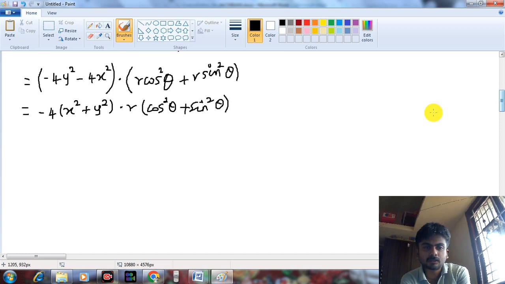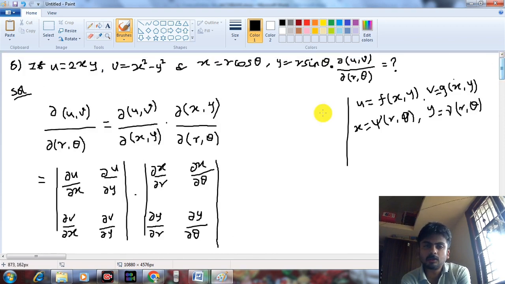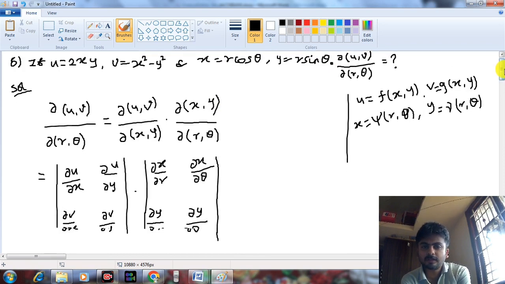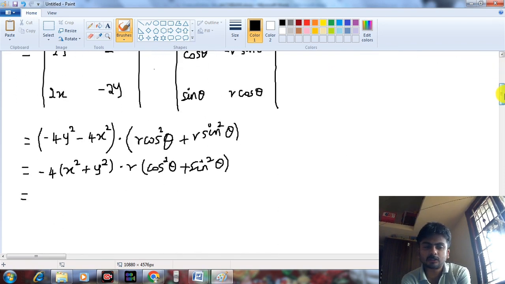So what is x square plus y square? Now we have to find this x square plus y square. We are given x equal to r cos theta and y equal to r sin theta. So it is r square cos square theta plus r square sin square theta. Am I right?